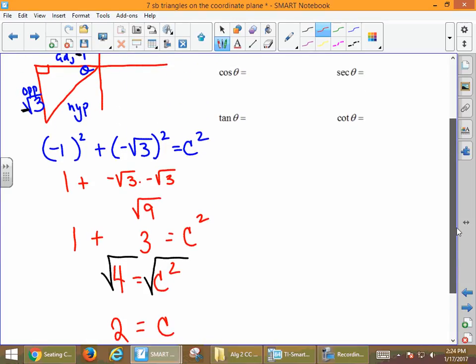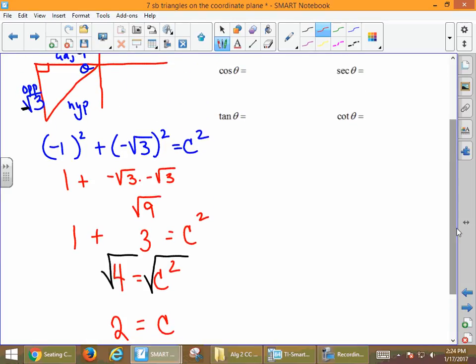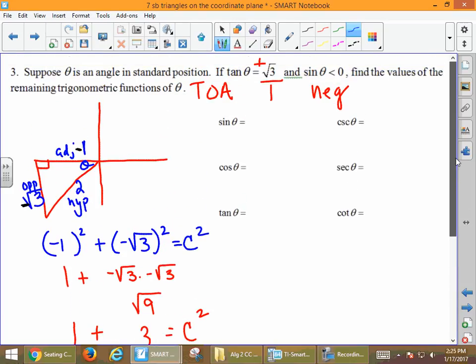We can go back and fill that in on our triangle. There's our 2. And then we can identify our functions. The good news is, we already know what tangent is. It's the square root of 3. We were given that.